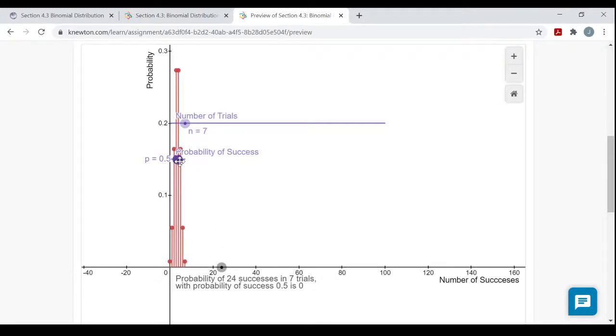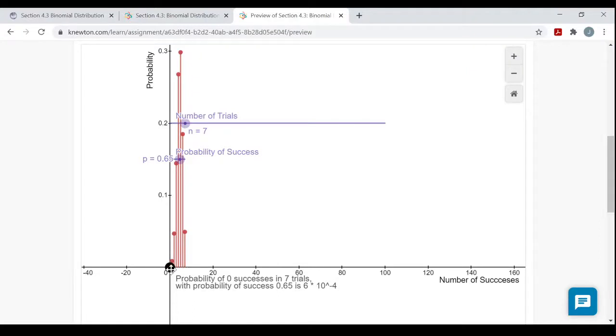And the probability of success was 0.65. And then I move down here, the probability of 0 successes is very tiny. See, 6 times 10 to the negative 4th, that's just 0.0006. Remember, 10 to the negative 4th means move the decimal place to the left 4 places.